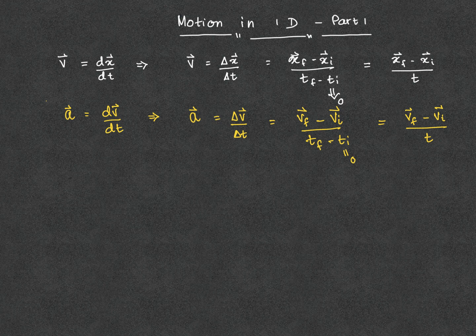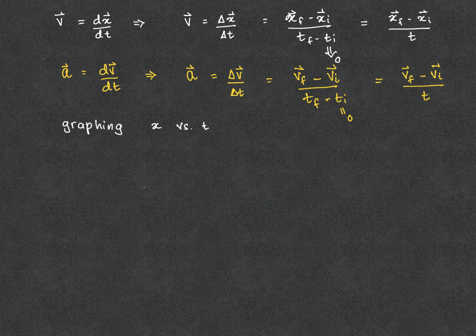Now, the next most important thing that I discussed yesterday was the graphing. The graphing was done once for the x versus time, displacement versus time, and the other one was for velocity versus time. Now I did 3 different graphs for x versus time, displacement versus time.